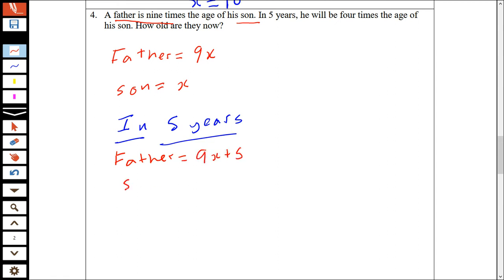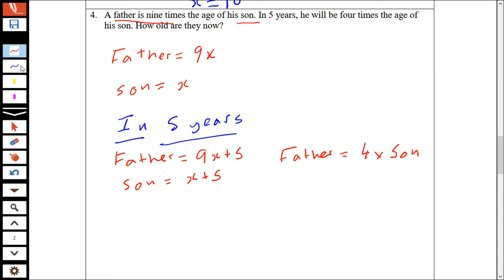And the son will be x plus 5. Okay, but it says in 5 years, he'll be 4 times the age of his son. Okay, so in 5 years' time, it says father is 4 times the age of his son.